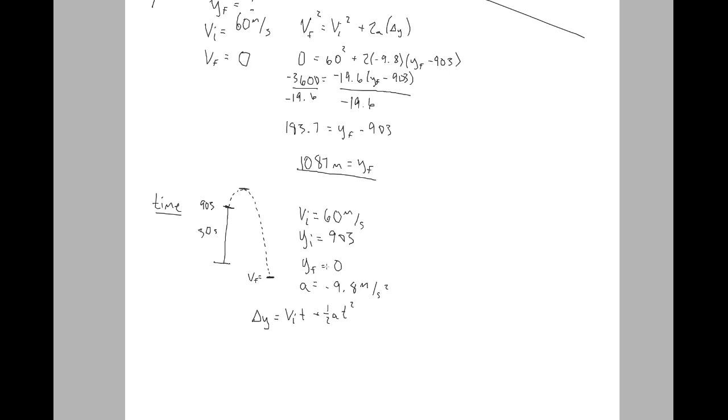My delta Y, in this case, Y final minus Y initial, is going to be negative 903. And that equals, my V initial is 60, and then plus 1/2, my acceleration is negative 9.8, and T is what I'm looking for.